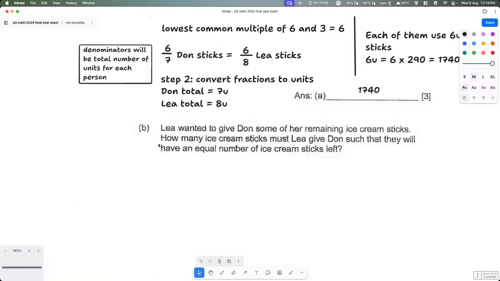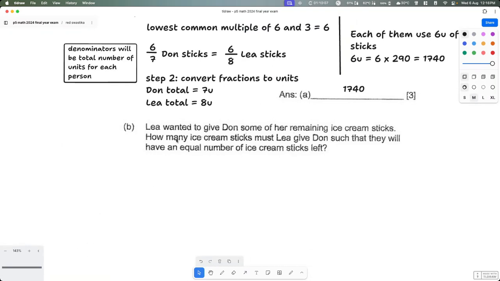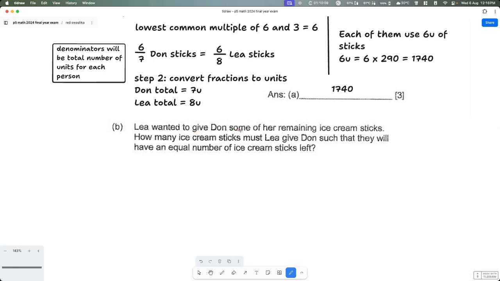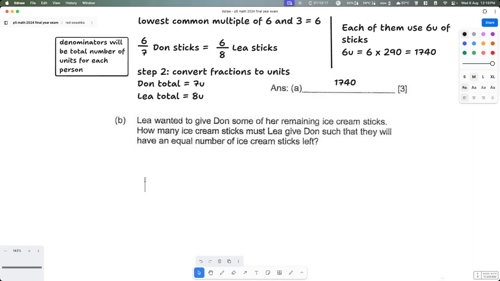So part B, Leah wanted to give Dawn some of her remaining ice cream sticks. How many ice cream sticks must Leah give to Dawn such that they will have an equal number of ice cream sticks? Okay, so Dawn left is equal to 7 minus 6, equal to 1 unit, okay?